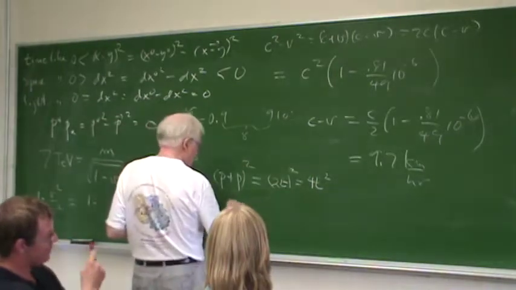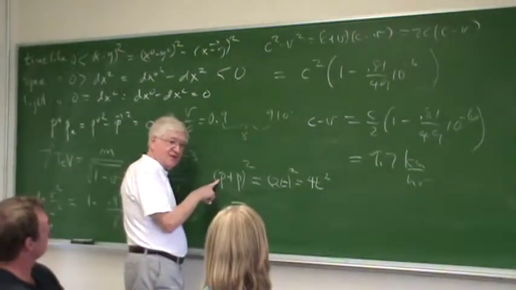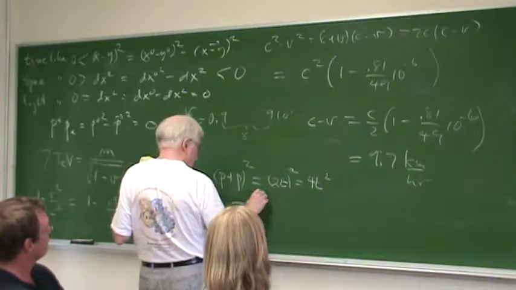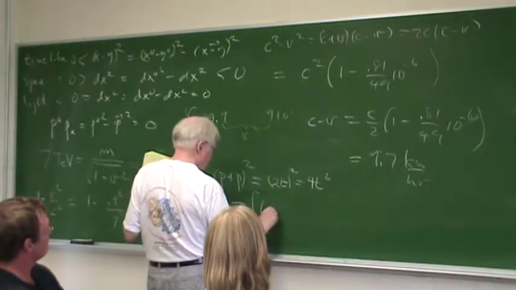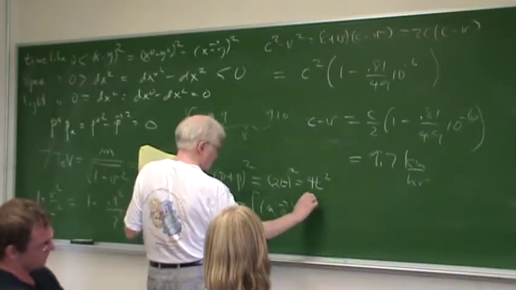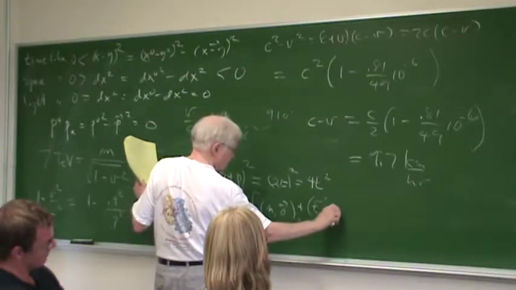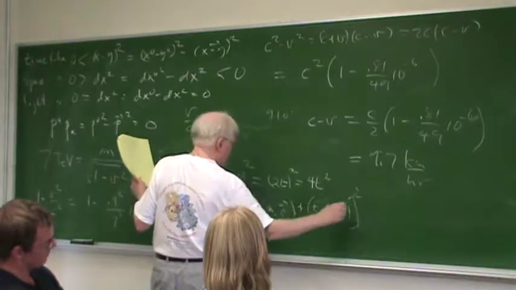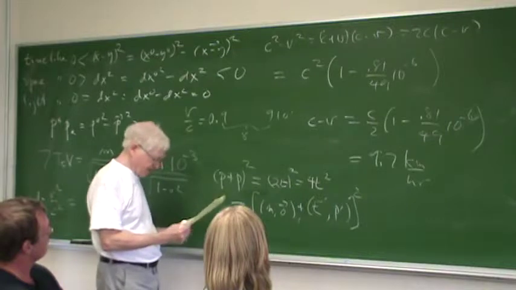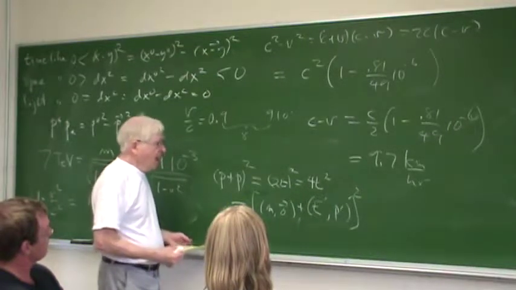Okay, and then I can also evaluate this in the rest frame of one of the protons. Well, then this thing looks like this: m comma 0, plus e prime, p prime, squared. When I say square, I mean the Lorentz inner product, energy squared minus momentum squared.